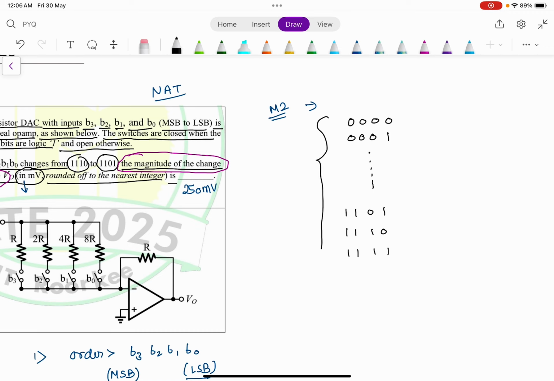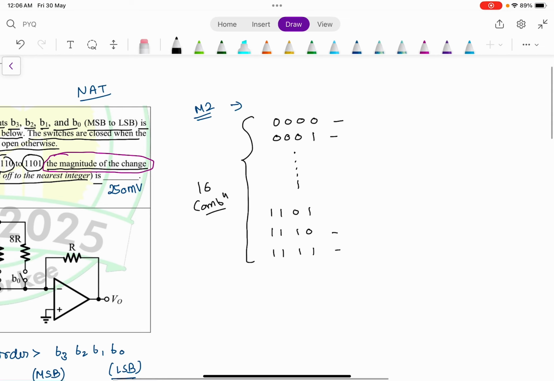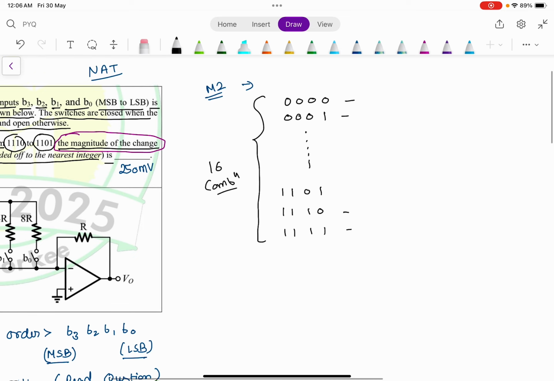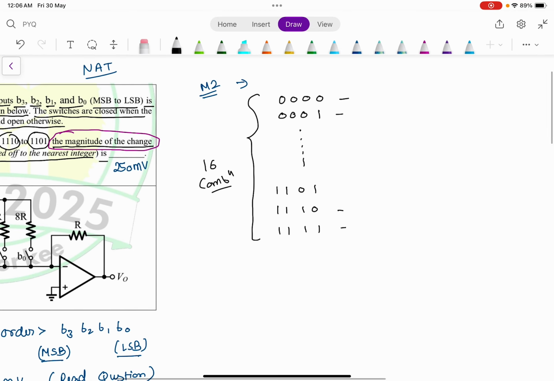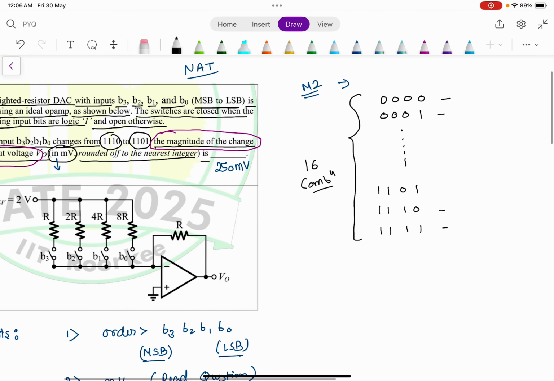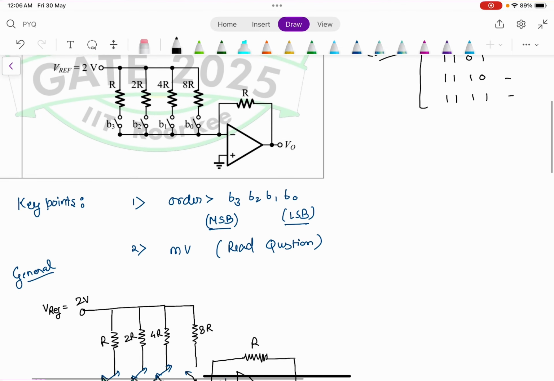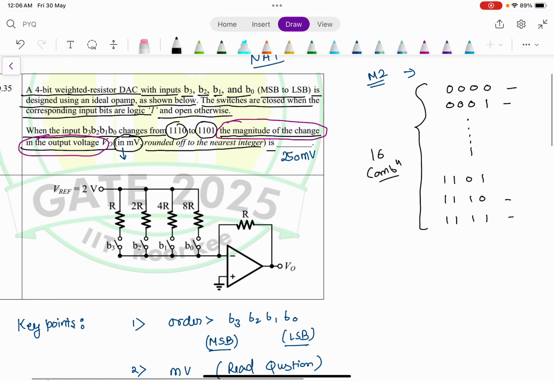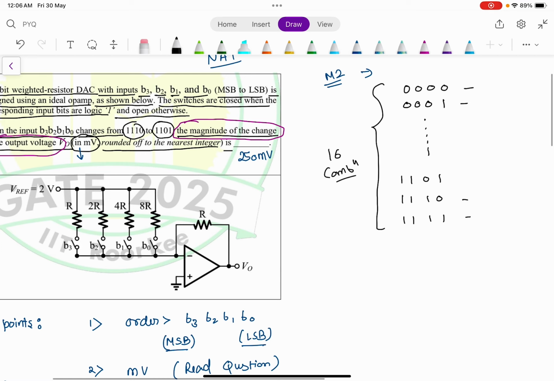In total there are 16 combinations, so this is bit 0, bit 1, going up to 15. Now if you carefully see, 1110 is this one and 1101 is this.